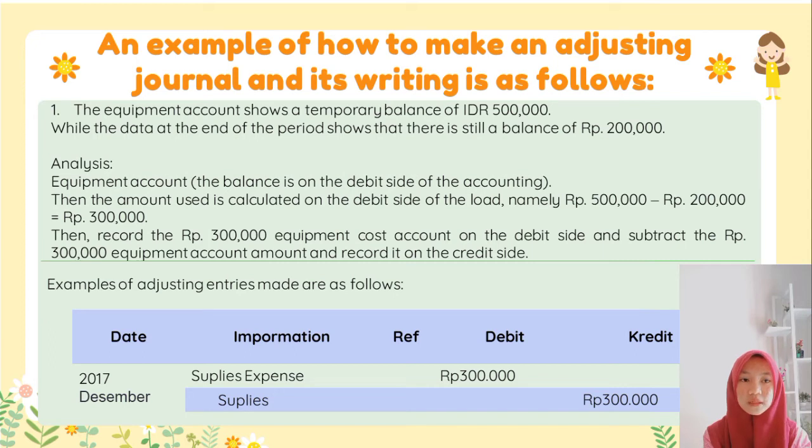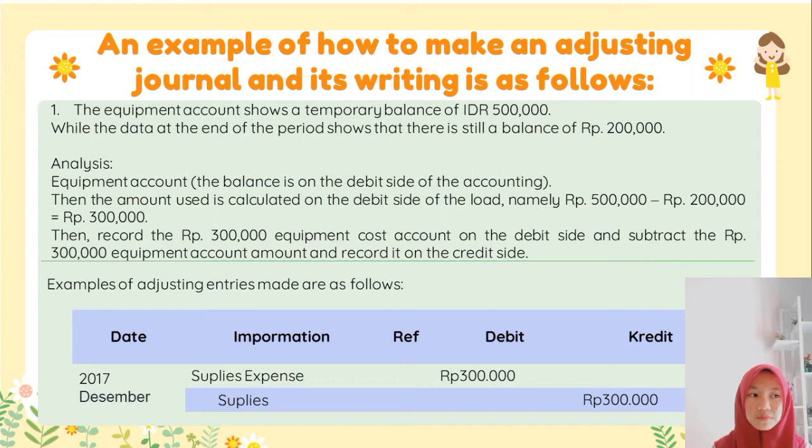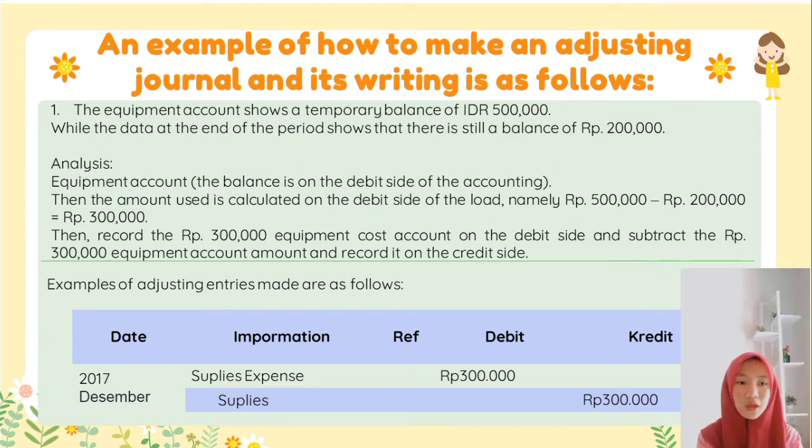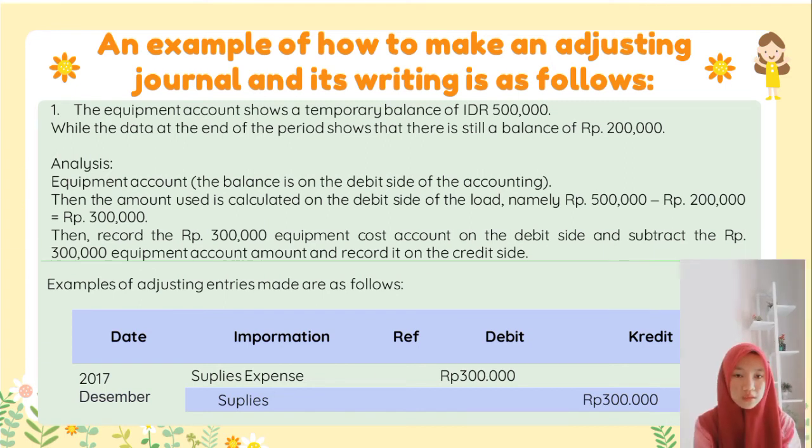Then record the 300 equipment cost account on the debit side, and subtract the 300 from the equipment account and record it on the credit side. Example of adjusting entries made: December 2017, supply expense debit 300 and supply credit 300.